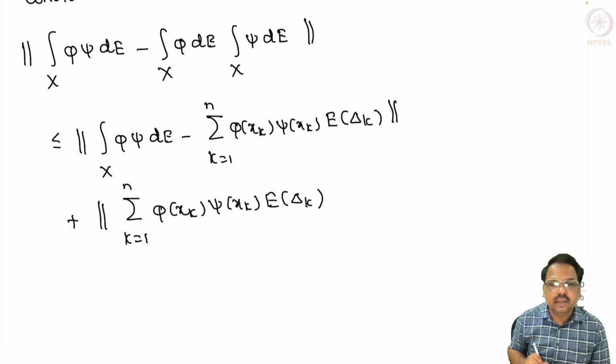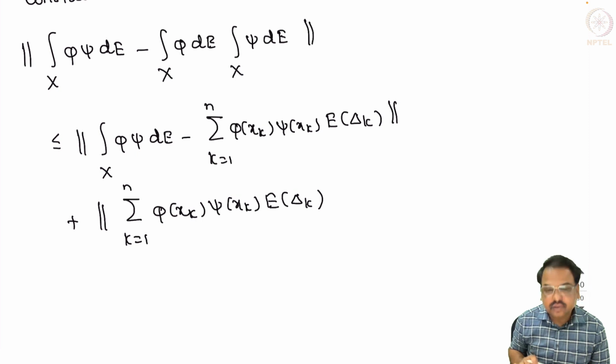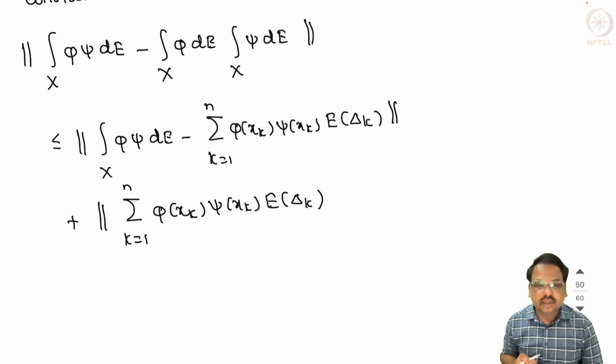So we are adding the term summation k equal to 1 to n phi(xk) psi(xk) E(Δk), adding and subtracting.